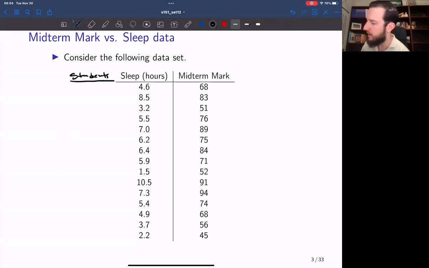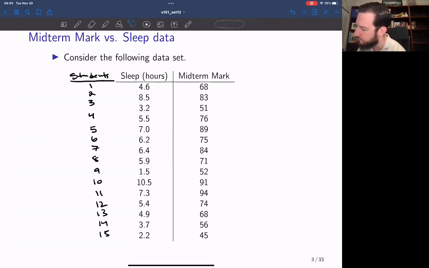Right, so here we actually have students, and I think that they were first-year biology students. So this would be student 1, student 2, student 3, student 4, student 5, 6, 7, 8, 9, 10, 11, 12, 13, 14, 15.